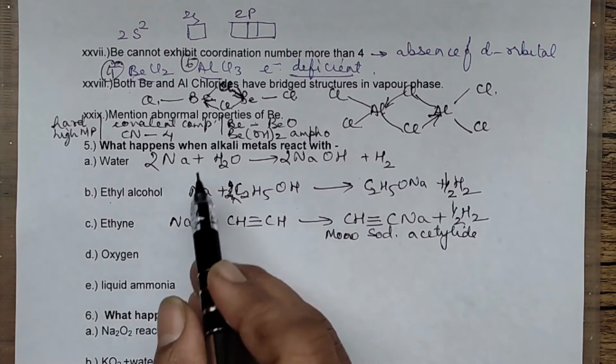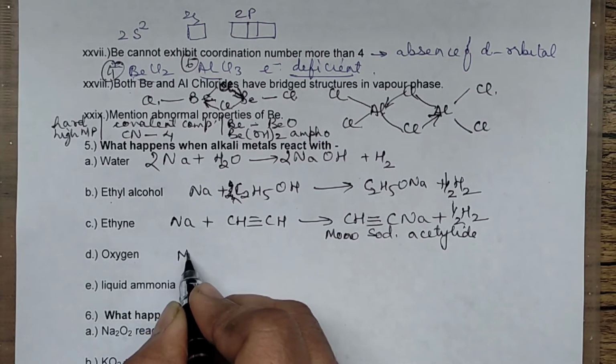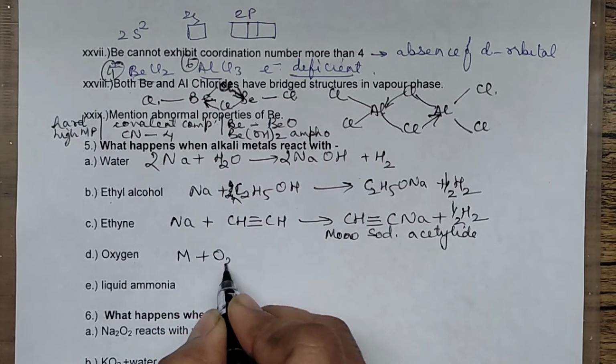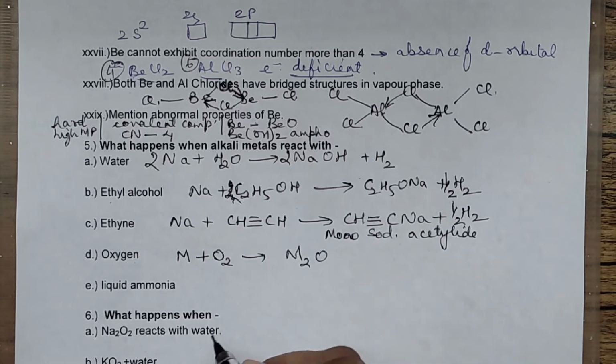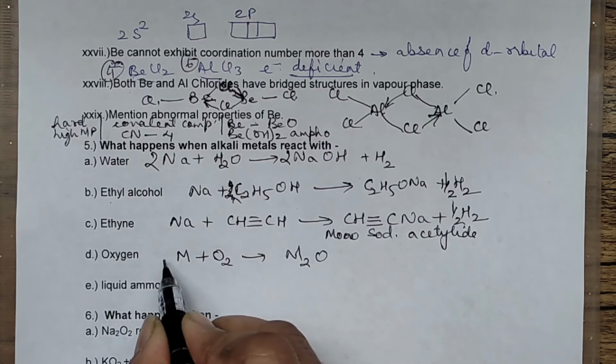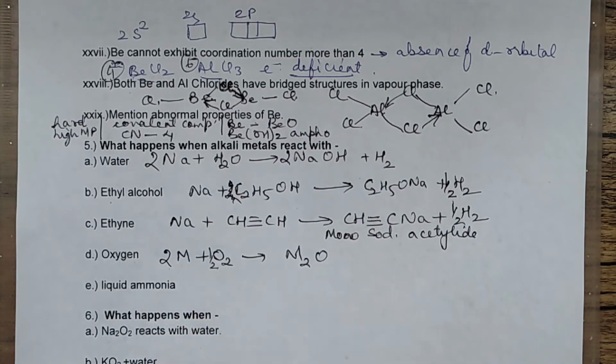Right? Alkali metals with air. If it is any alkali metal, then it would be reacting with oxygen and forming the corresponding oxide. You can write down 2 here. If you're writing 2 here, this has to be half.